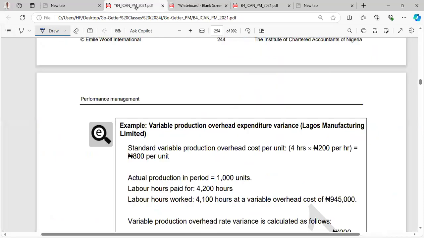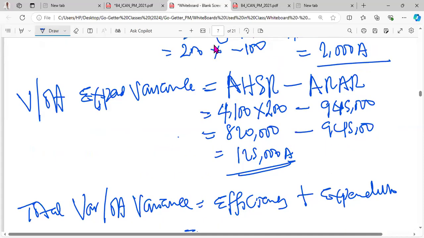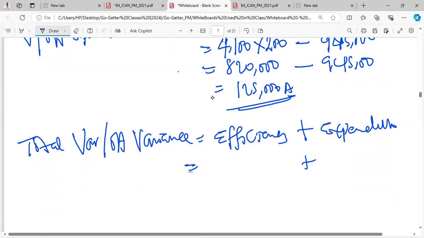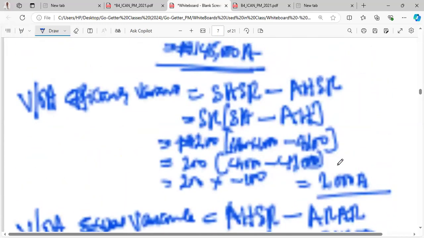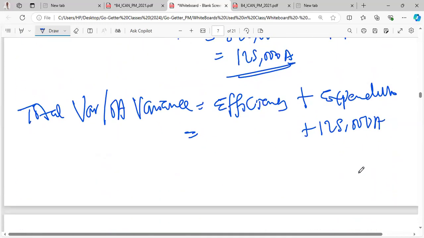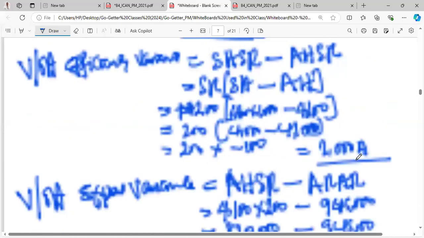Let's see what they call it here. Yes, expenditure. So instead of rate, we call it expenditure. In expenditure we have 125,000 adverse. In efficiency, we have 2,000 adverse. So that should be giving us 127,000 adverse. Is that what we got?